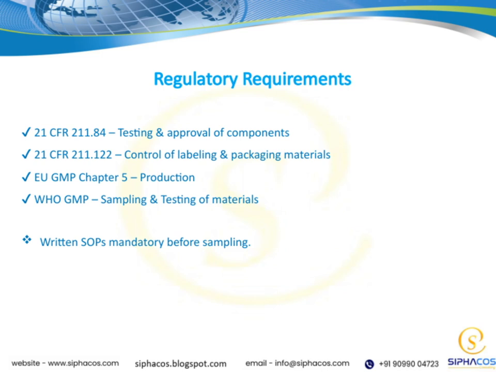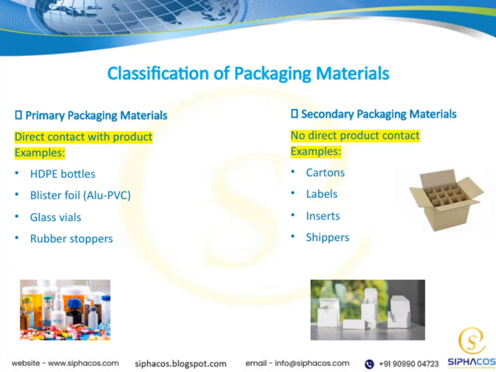Having clear SOPs ensures everyone understands the proper procedures, maintains consistency, and complies with these regulatory requirements. By following these guidelines, we uphold quality and compliance throughout our production process, which ultimately protects patient safety and product integrity.